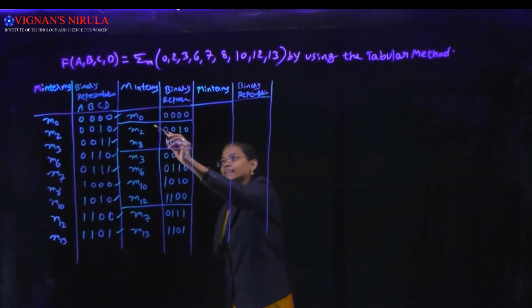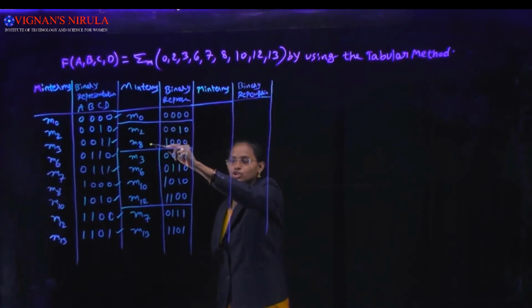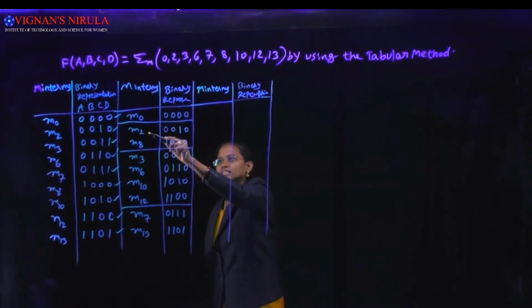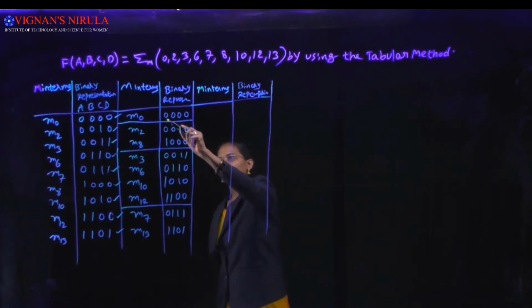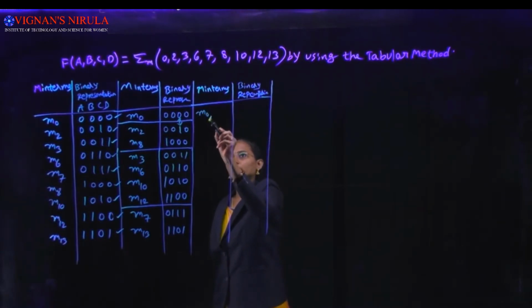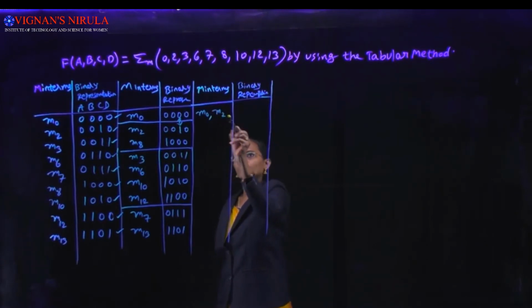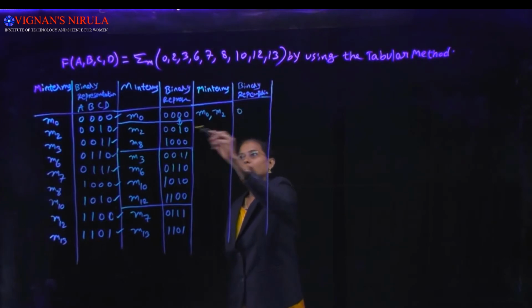Okay, and next M0 is compared with the next group, M2 and M8, that is only one difference is there, 0 0 0 0 and 0 0 1 0. Here only one difference is there, so write down that min term M0 and M2. The binary representation is 0 0 and here also 0 0 and 0 1.